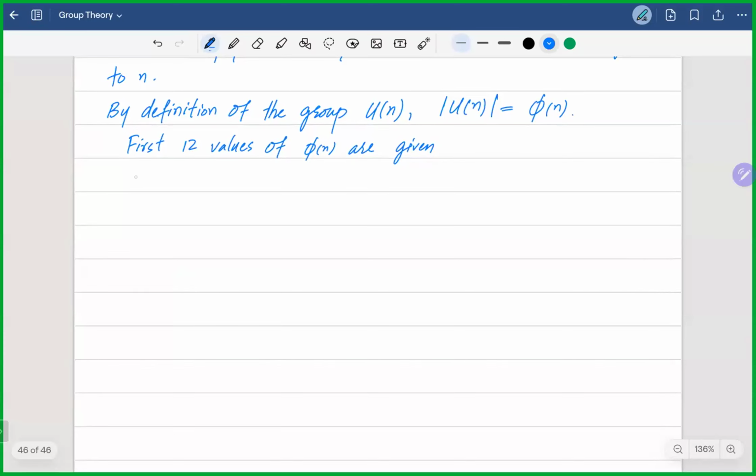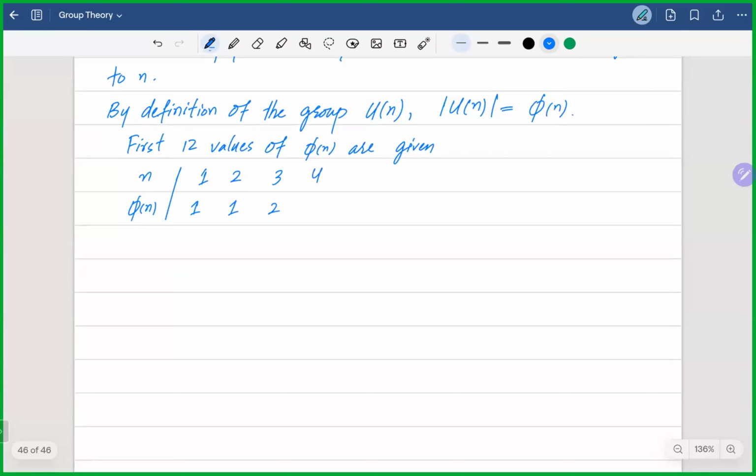So let's say we have n here and then phi of n here. 1 will have 1, 2 will have 1, 3 will have 2. How? U of 3 will have elements 1 and 2. So that's why phi of n is 2.